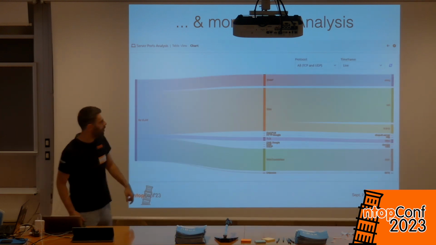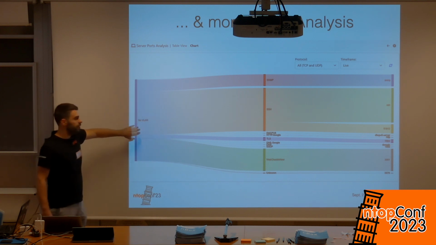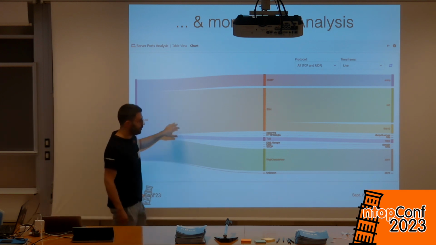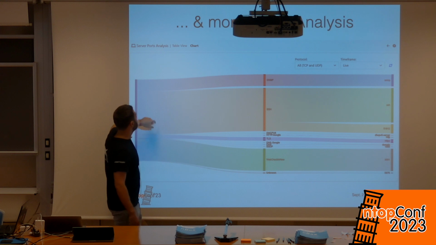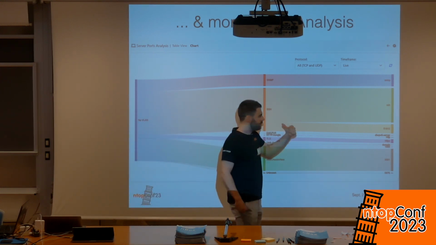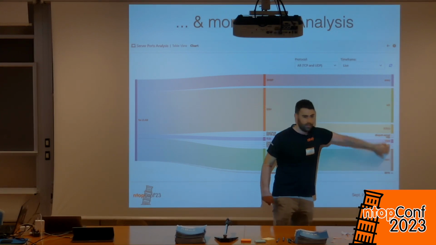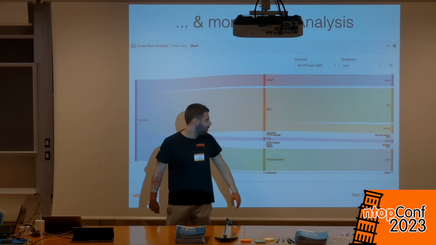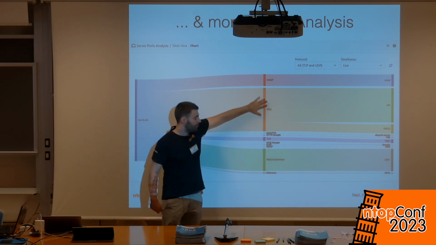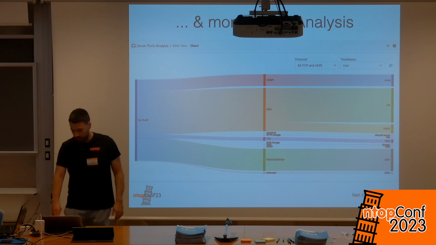The same goes for the network interface traffic analysis. So now, for example, in this network interface, it is possible to see that this interface has these different server ports used, connected, with traffic using these applications.